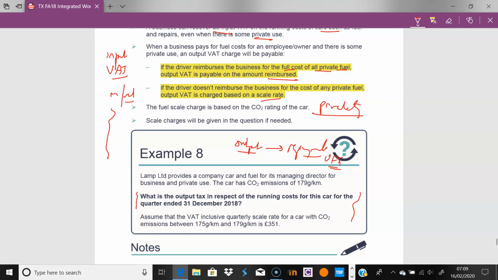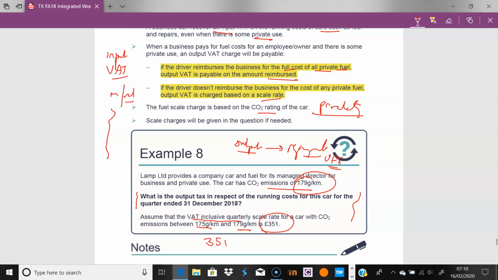So the scale is based on the CO2 ratings of the car. They'll tell you what it is. Here we're given the car's emission of 179 grams per kilometer, and assume the VAT is inclusive of these rates. So here we are, it's 351 for car emissions. They'll give you this very clearly, and it's typically VAT inclusive. So the question is, what is the relevant VAT related to this?